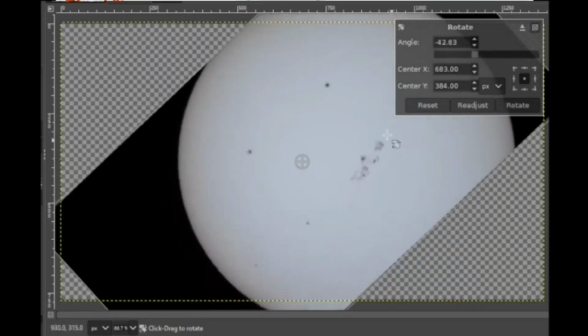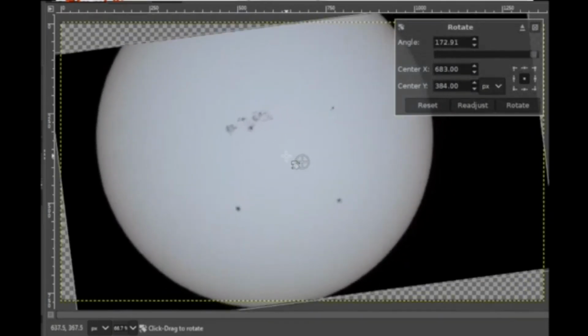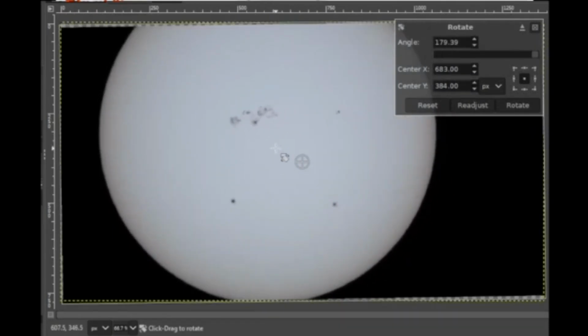So if we just take this way back to 180 degrees from the original, this would then take us to how the view of the sun would appear from the UK for someone watching the sun on the 24th of March very early in the morning.